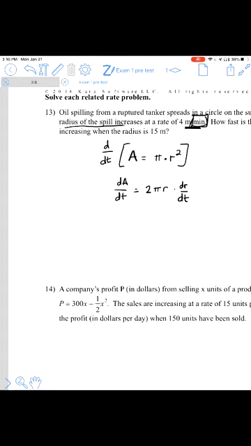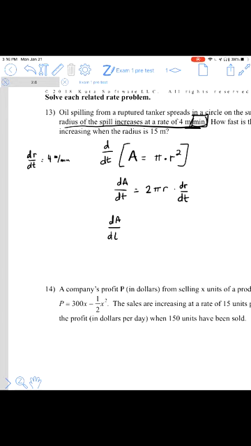We know that the radius increases at a rate of 4 meters per minute. So since it's a rate, it's not r equals 4, it's dr/dt equals 4 meters per minute. So that's going to replace our dr/dt, and it says find the rate of change of area when the radius is 15 meters. So now we know what to plug in for r.